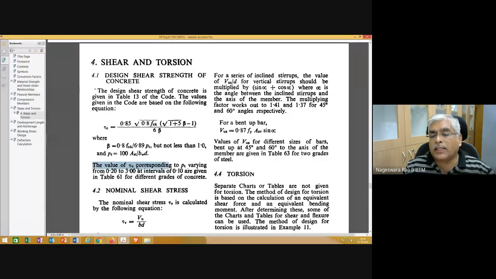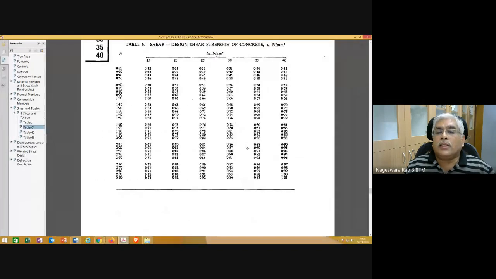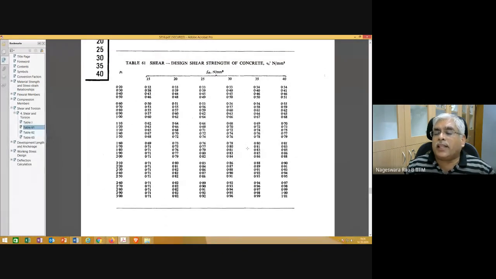And what is this? Here, in Table 61, you can see the values of tau c corresponding to PT, the percentage of tensile steel varying from 0.2 to 3 at intervals of 0.1, given for different grades of concrete. Let's see that. Table 61 is basically the same as what is given in IS 456.